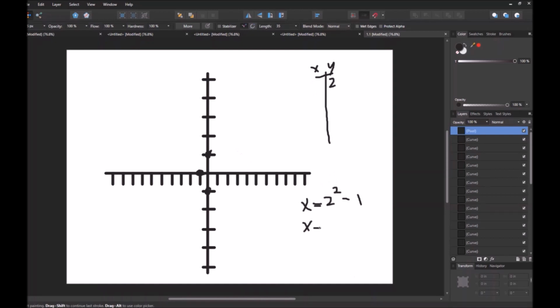And 2 squared is 4. And 4 minus 1 is 3. So when the x value is 3, our y value is 2. So we're going to graph it like this. And then because it's symmetric with the x-axis, we know there's an identical point over here. And then we just do a rough sketch of the graph, and it would look something like this.